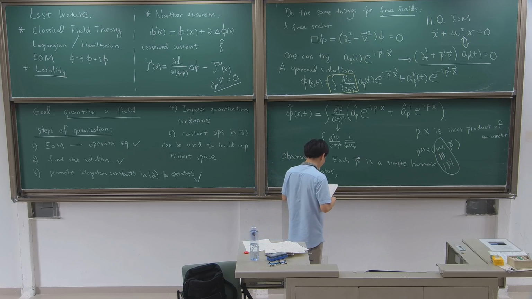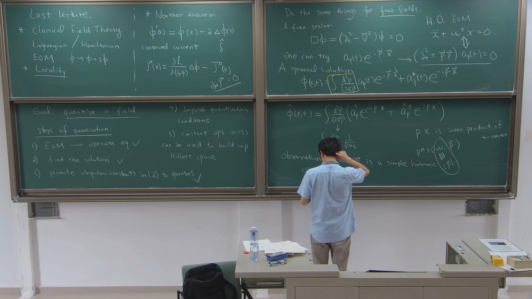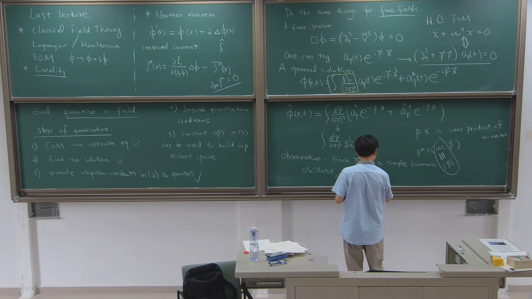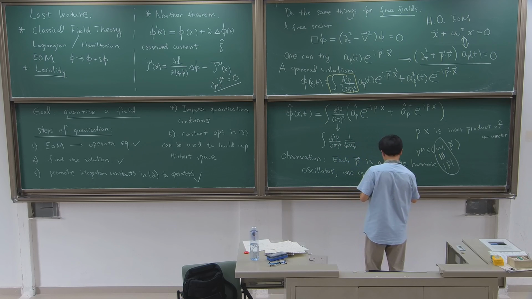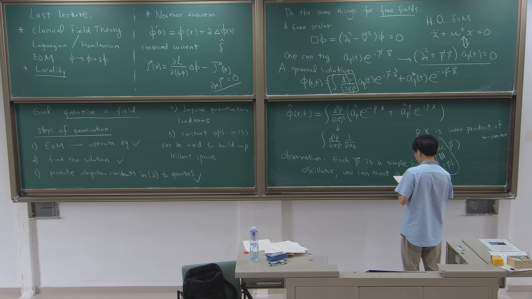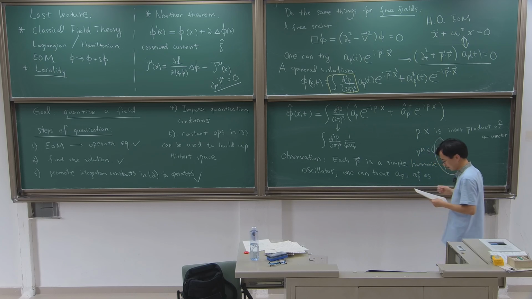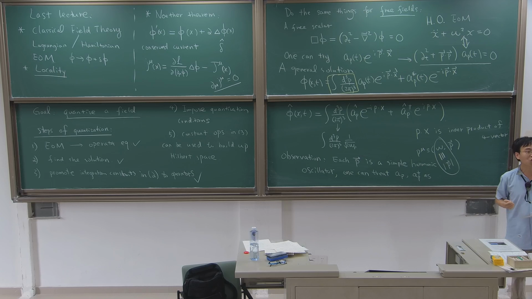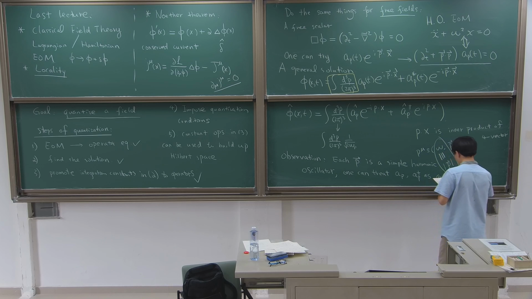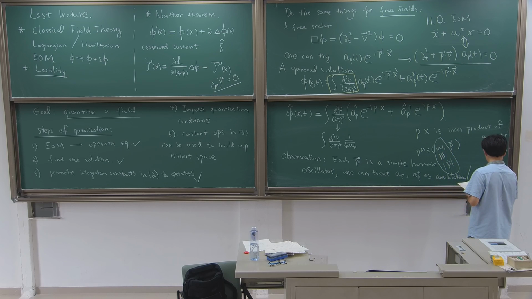So then, since this is the fact, one can treat a_p and a_p dagger as the annihilation operator and the creation operator for each p, just as in the usual case of the harmonic oscillator.